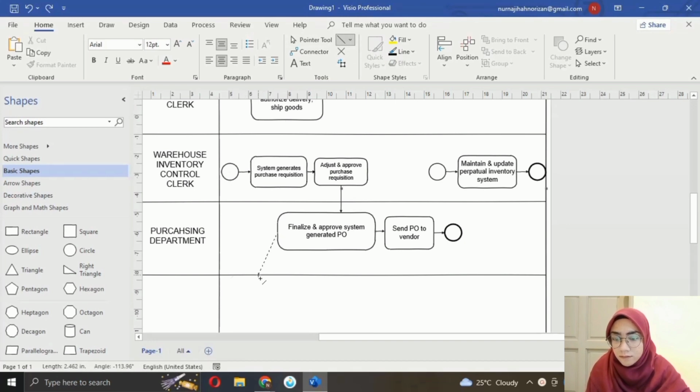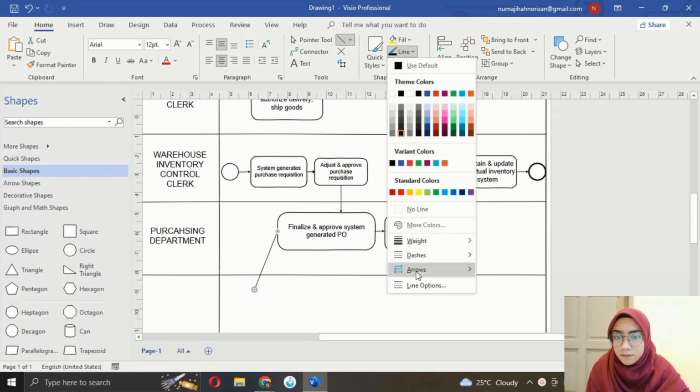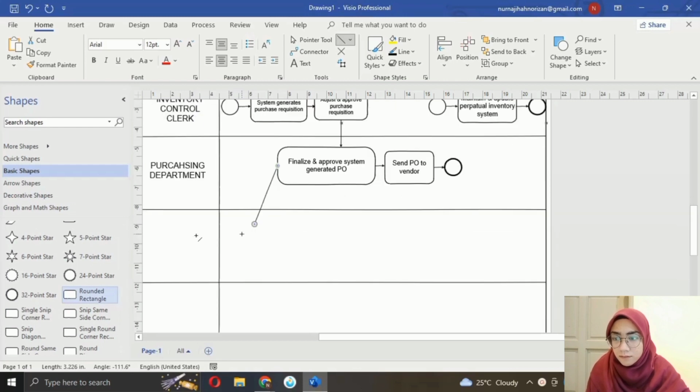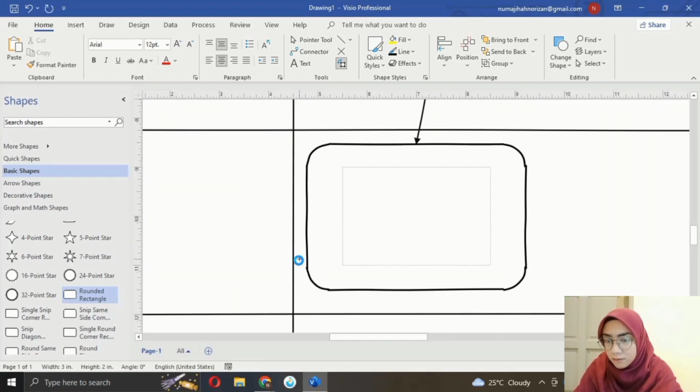Next, on the final and approved system generated purchase order, the second step is we use an arrow to go to the next row and put the rectangle symbol, and the explanation in this rectangle is receive system prepared receiving report.